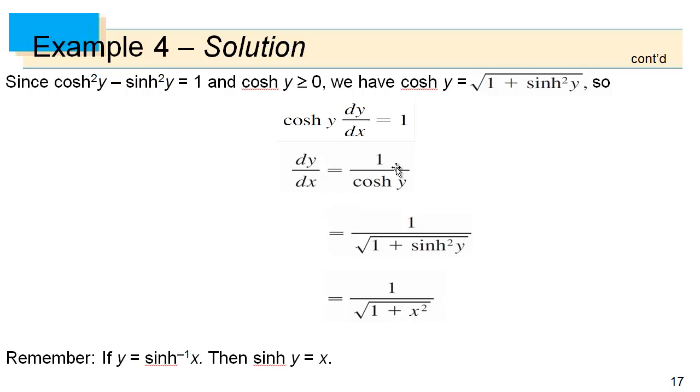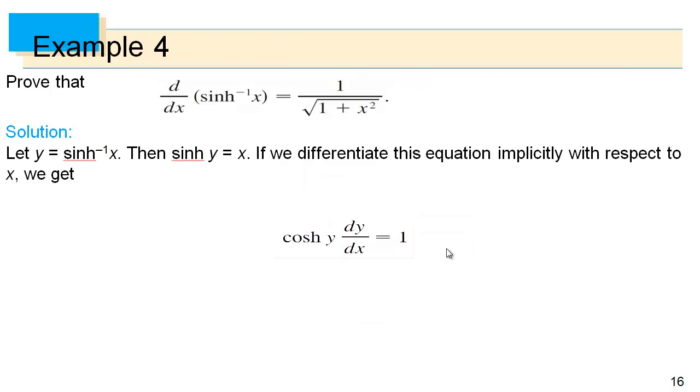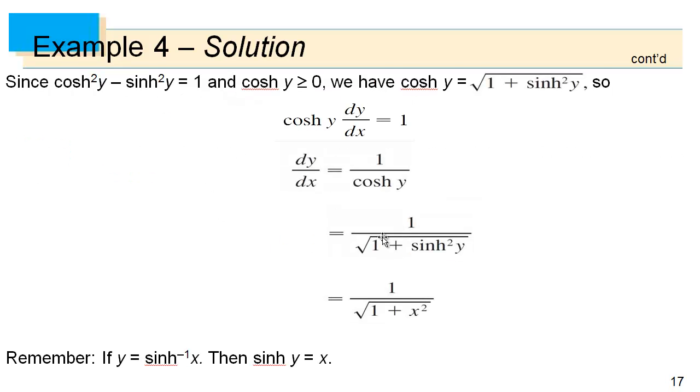So when we have 1 over the hyperbolic cosine of y, by substitution we have 1 over all of this stuff. And from the very beginning, this sinh of y was x. If you don't remember, go back up here. Sinh of y equals x. So by substitution, sinh squared of y is just x squared, and ta-da, there it is.